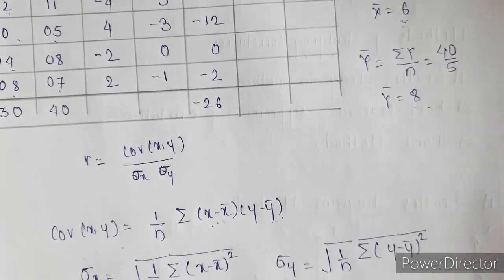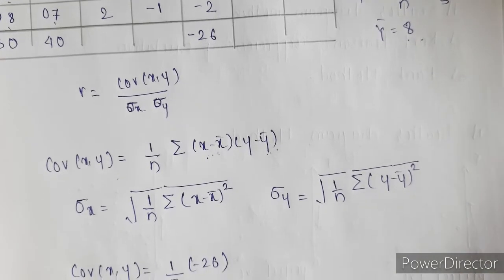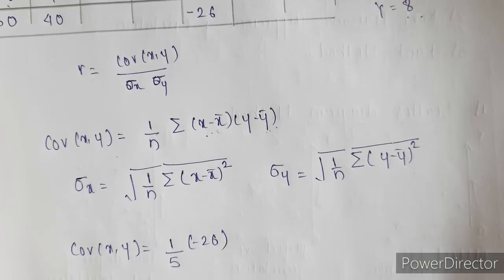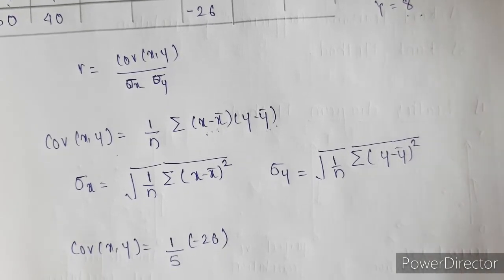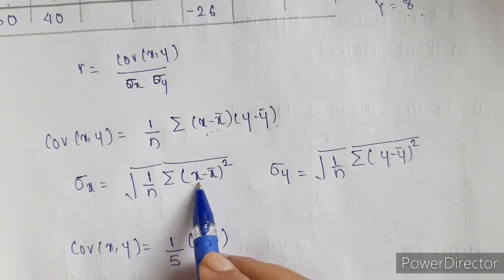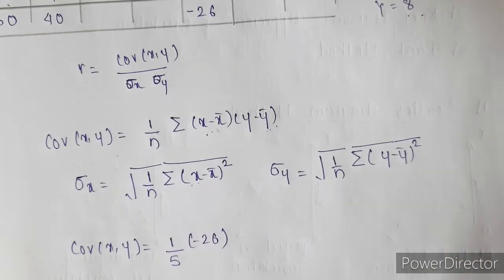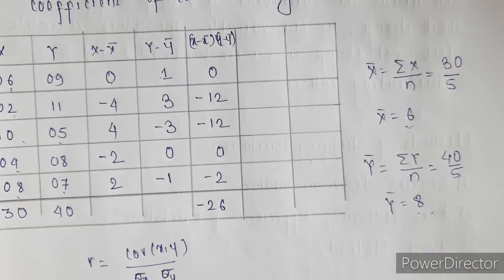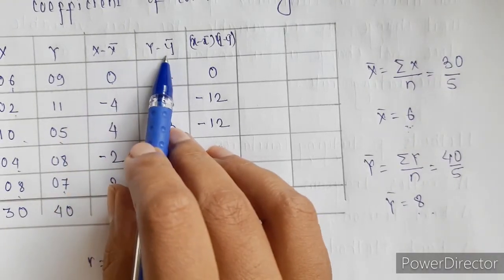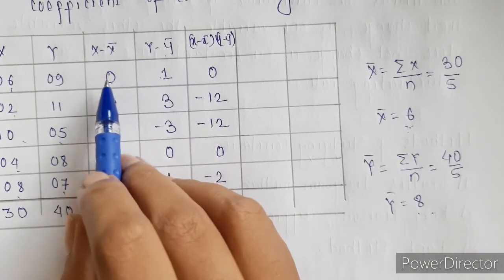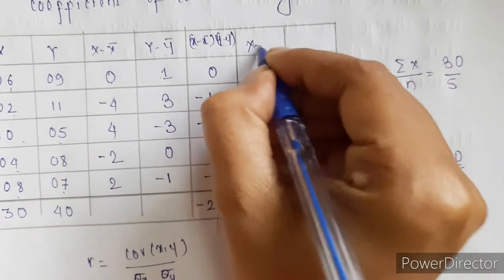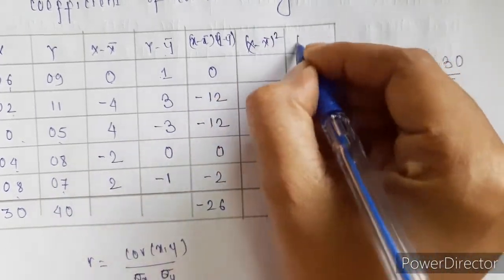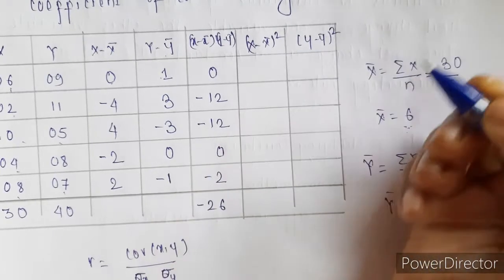Okay. Now next, we have to find the standard deviation. For standard deviation, we need the summation of squares of deviation. Let's first find the squares of deviation. We have the deviations here, so we have to find the squares of these now. First, x minus x bar whole square and then y minus y bar whole square.